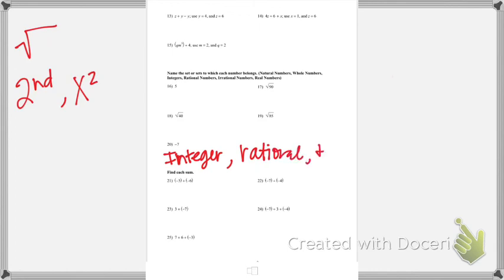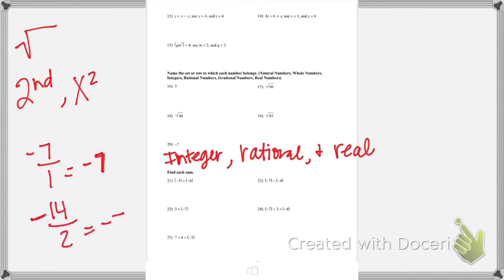And it is real. It's an integer because it's negative. It is rational. Same thing with the 5. I could say -7/1 and get -7. I could say -14/2 and get -7. Okay?